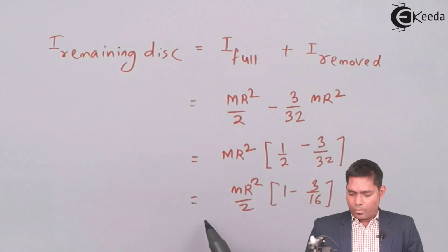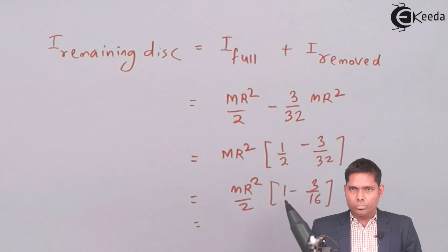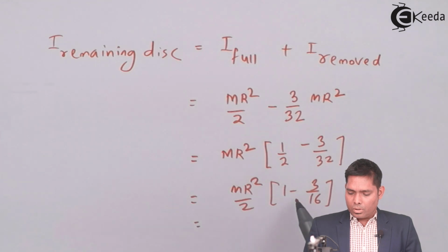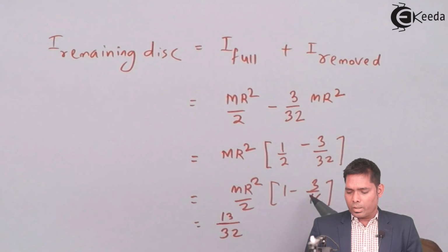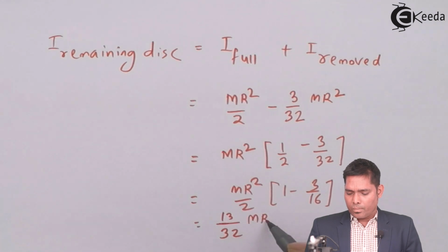So this is 16 minus 3, that is 13 by 32. So it is 13 by 32 here, because 16 minus 3 is 13, and 16 times 2 is 32, m r square.